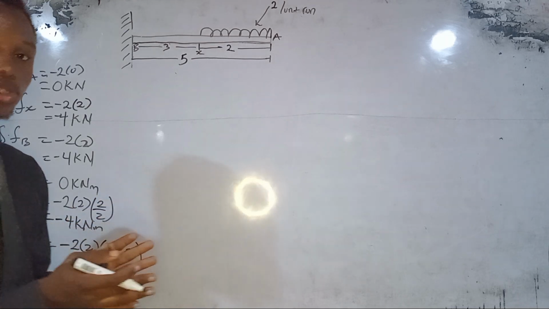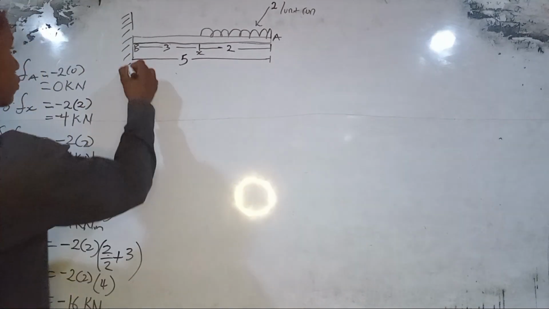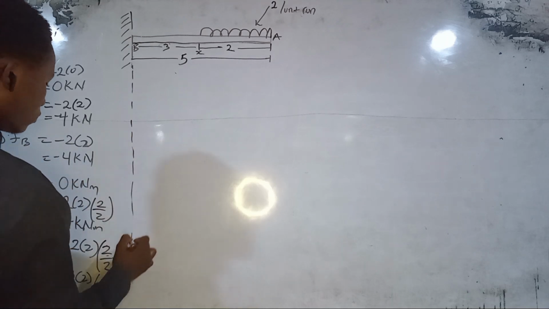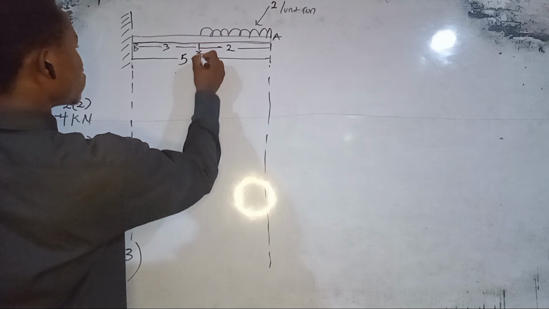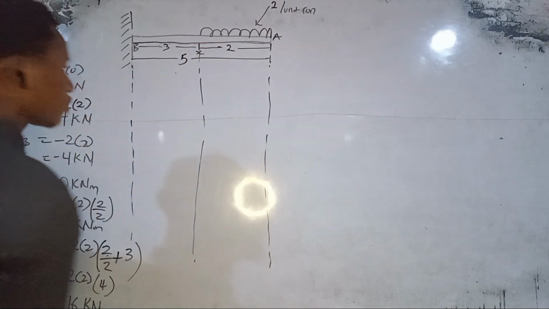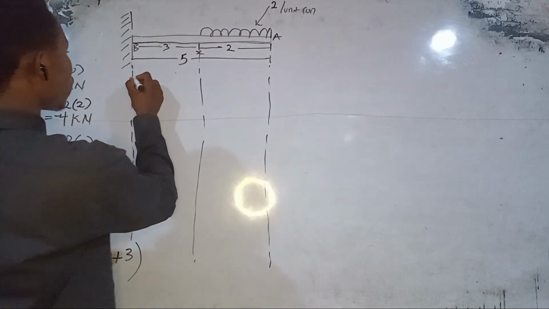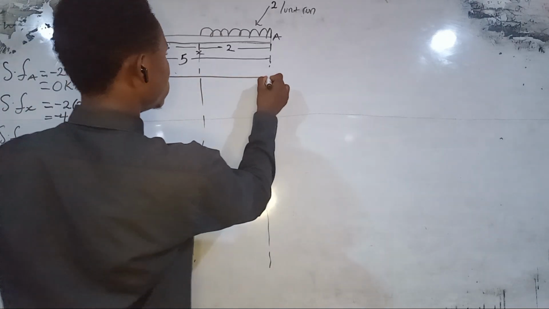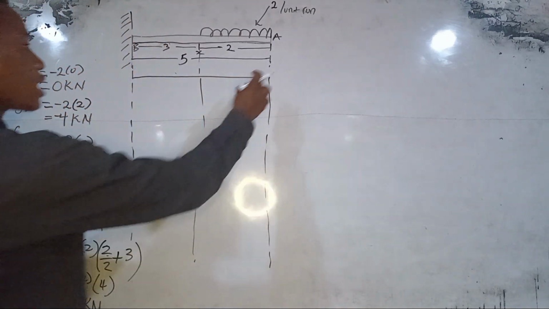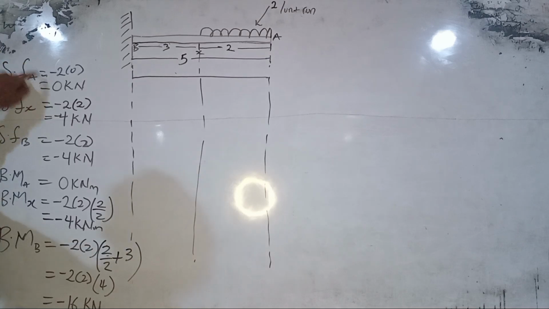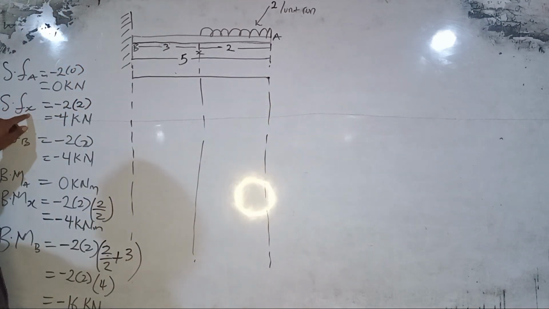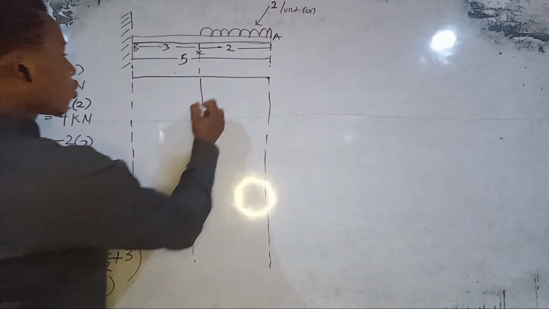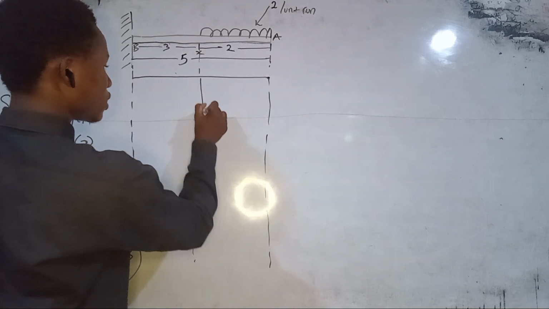Now, if we are to draw the shearing force diagram, first of all, we pick our neutral line here. Now, at point A, shearing force at A is equals to 0. So, this is the point at A. The shearing force at X is equals to minus 4, and minus 4 can be somewhere like here.